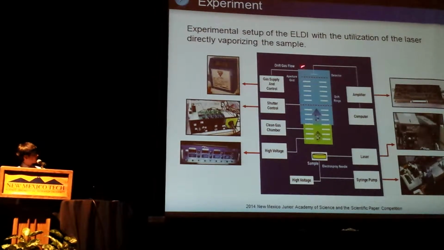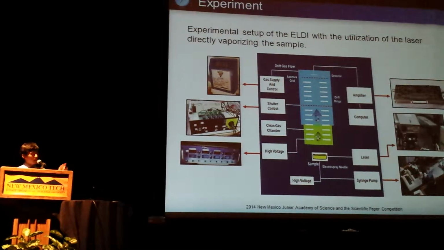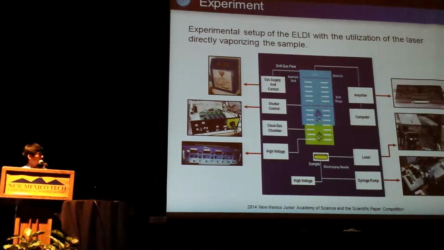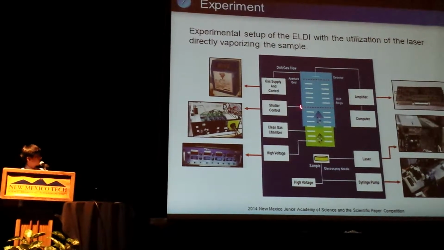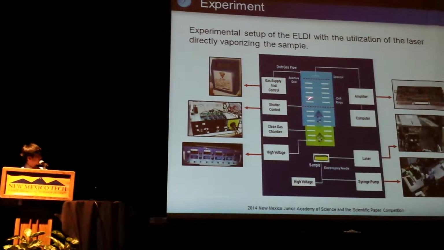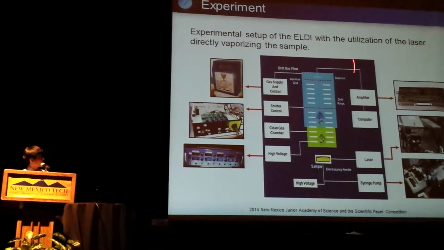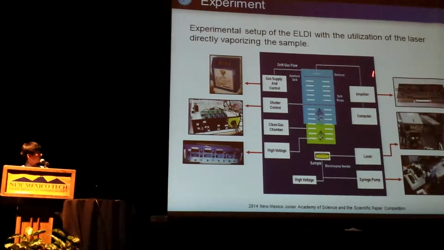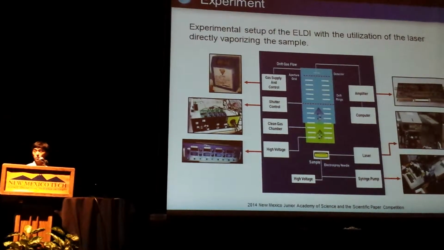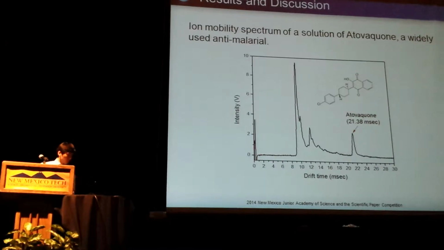Back here there's a gas flow in the opposite direction, to ensure that these ions aren't sticking to the drift rings on the sides, and to create an environment inside the drift tube itself. Once it's detected, the signal is amplified and then recorded onto a computer.